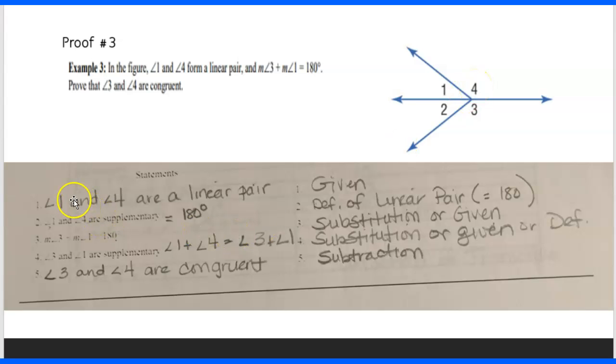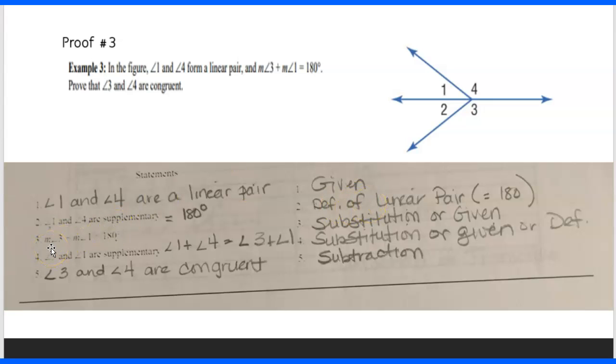Okay, so I'm going to start with my basic. 1 and 4 are a linear pair. That was given. Then they actually gave us reasons, and they said angle 1 and angle 4 are supplementary, and I just wrote in there 180 degrees. That just means the definition of the linear pair.